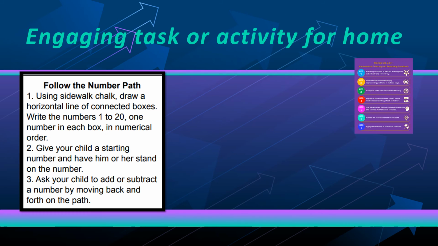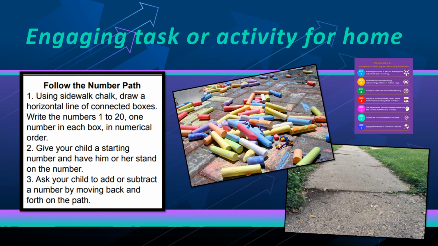Home is a great place for students to continue their learning. This is an example of an activity from the Scope 5 parent letter. Students can create a number path on their sidewalk with chalk by drawing a horizontal line of connected boxes. Write the numbers 1 to 20 in numerical order. Give your child a starting number or have them stand on any particular number.